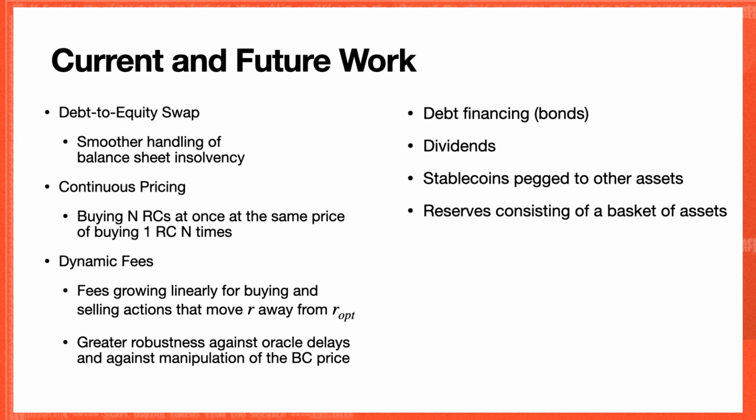We are also looking at reserves consisting of a basket of assets. So instead of reserves being only ADA or only ERG, we could also include other assets there. Pegging the stablecoin to other assets is trivial, but having reserves consisting of a basket of assets is a bit more complicated because you have to think about the optimal basket composition.